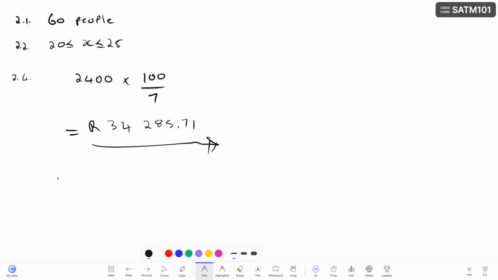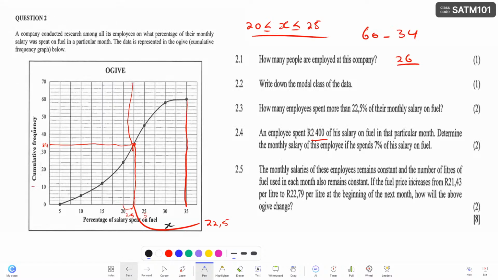So now let's go to 2.5. They are saying the monthly salaries of those employees remain constant and the number of liters of fuel used in each month also remains constant.